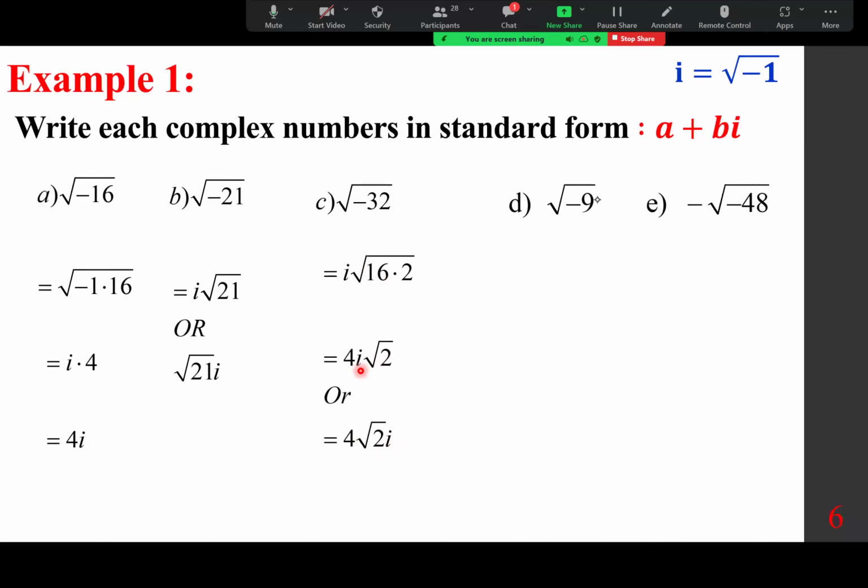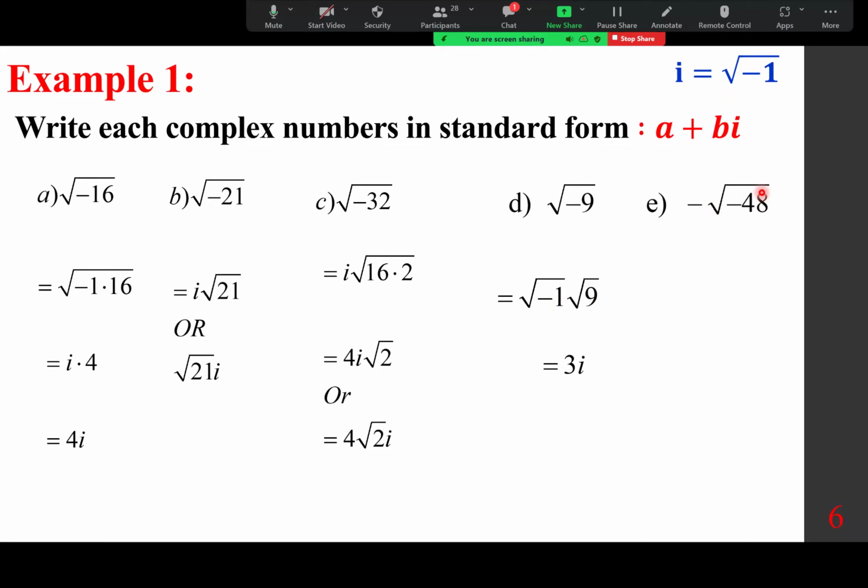Square root of negative 9 is the product of negative 1 and 9 inside. Negative 1 under the radical is replaced by i, and this is 3, so 3i. This negative outside remains. This negative inside is replaced with i outside.